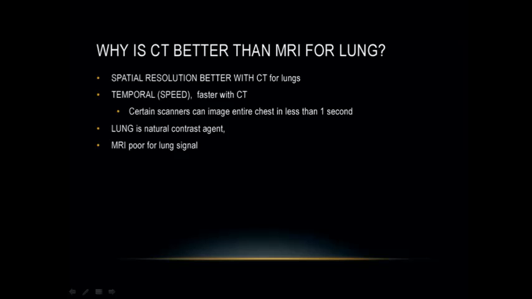Certain scanners can image the entire chest in less than 1 second. Next point: lung is a natural contrast agent, and MRI signal is poor for lung because lung consists of no water but of air.